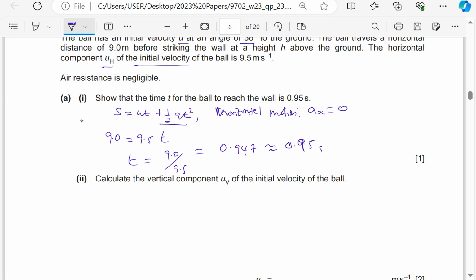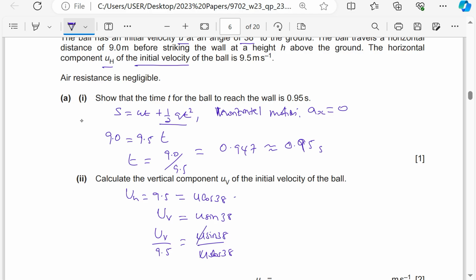Then calculate the vertical component UV. Of course we have seen that U in the horizontal is 9.5, which is the same as U cos of 38. U in the vertical is not known. I'll call it UV, but it's going to be U sine 38. So I will divide the two equations. So I have UV over 9.5 is equal to U sine of 38 divided by U cos of 38.